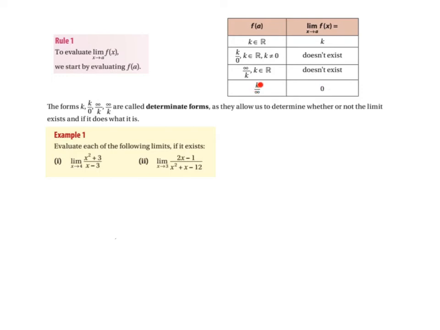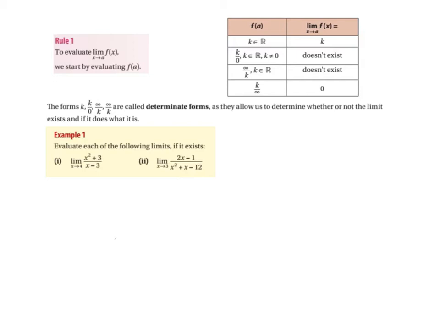Again, think about k being the number of pizzas. If k is equal to 2 pizzas, and I have 2 pizzas divided by an infinite number of people, I don't get much pizza, I essentially get 0 pizza. The forms k over 0 and infinity over k are called determinate forms, and it should be k over infinity there, as they allow us to determine whether or not the limit exists, and if it does, what it is.